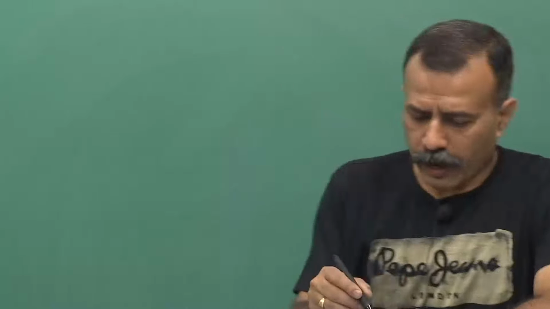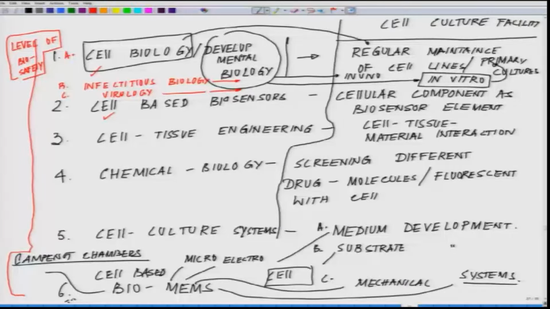Then comes another interesting aspect. Since we are living in an era of genetic technology, adapt to that. In the cell biology and developmental biology sections, are we working on transgenics? Does it involve DNA transfer? Are we working on knockouts? Are you working on RNAi?